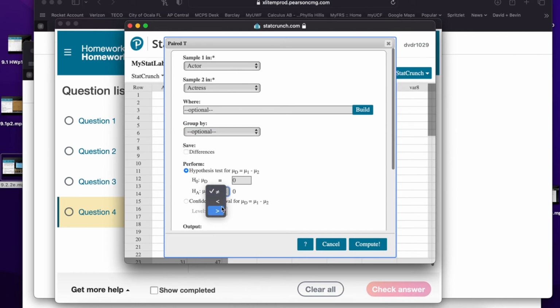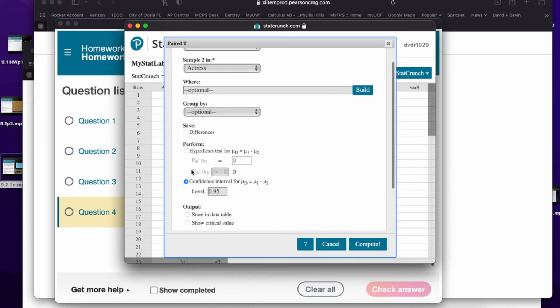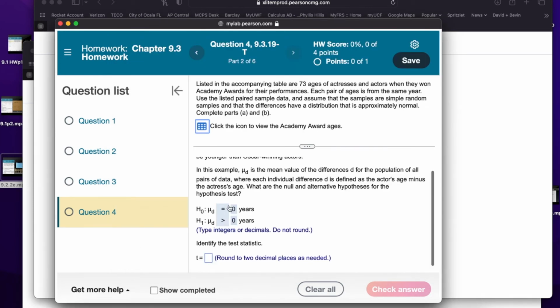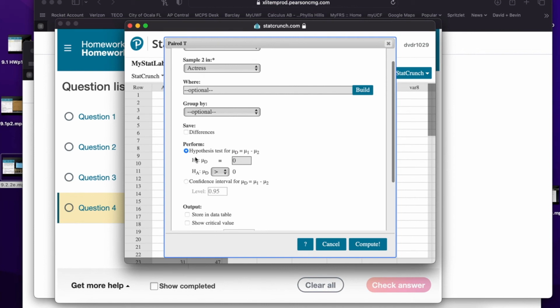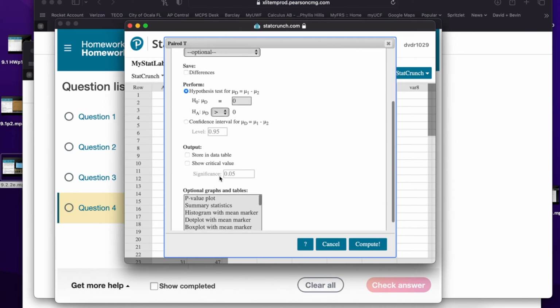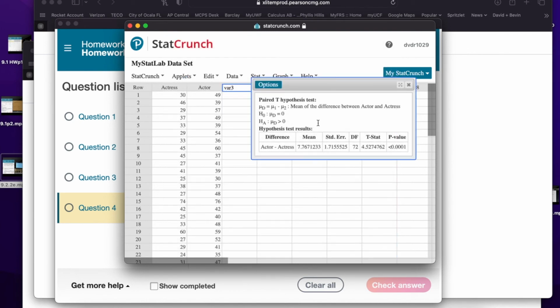and look at that. We can choose our hypotheses. That the subtraction was greater, and were we doing hypotheses or a confidence interval? We were doing a test. Okay. So hypothesis test, and the significance level. Let's just compute and see what happens.